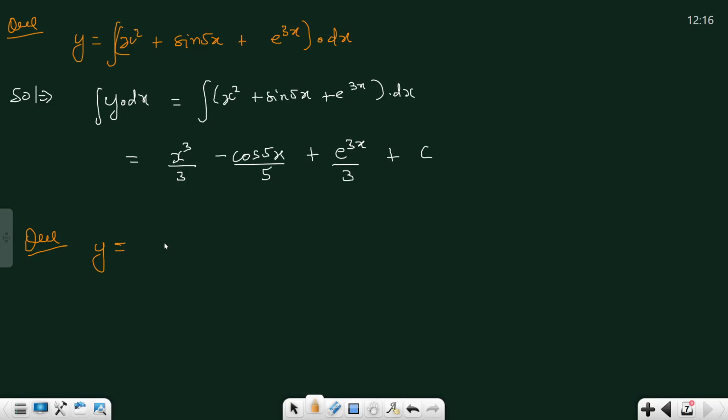So this is x to the power 5 plus sec square 8x plus 3 by x square plus 5 by x. Integrate this function. Quickly.